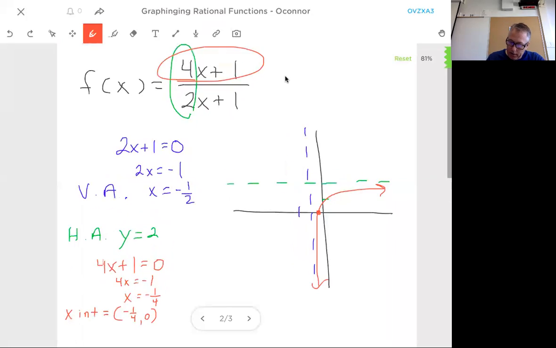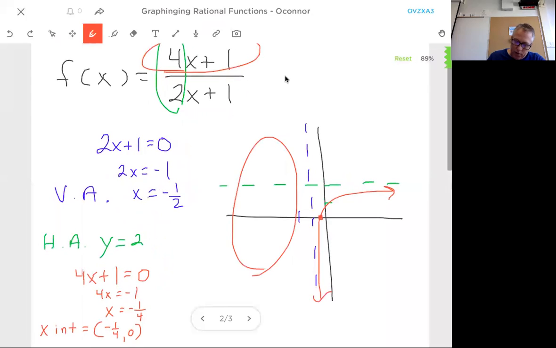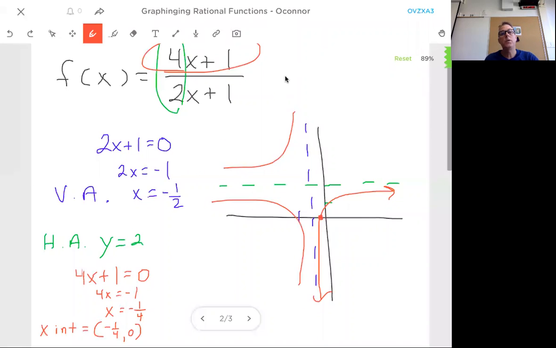And then over here on the left side of the blue line, if it's not going to cross the blue or the green, it has to look like this or like that, because those are the only ways it wouldn't cross the blue or the green. Well, I know it cannot be the bottom part.